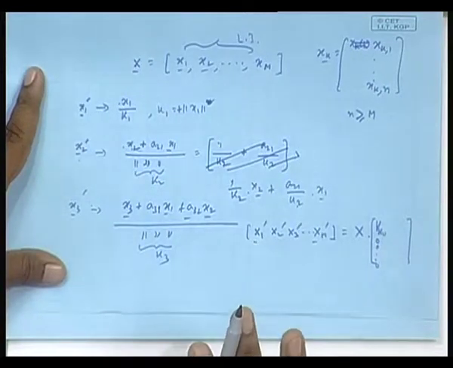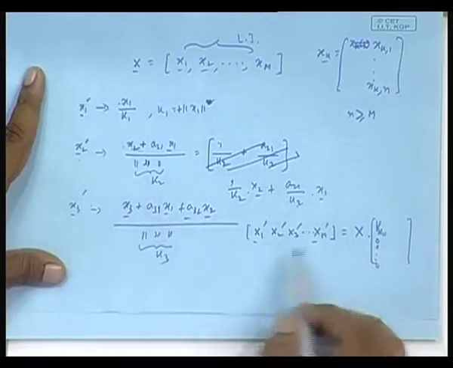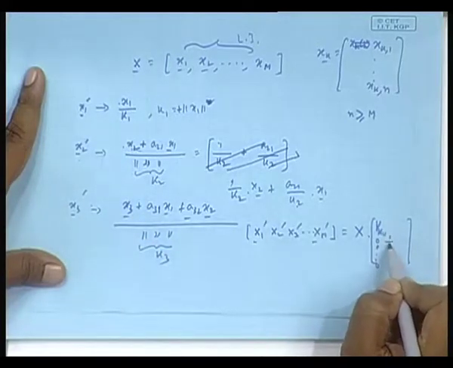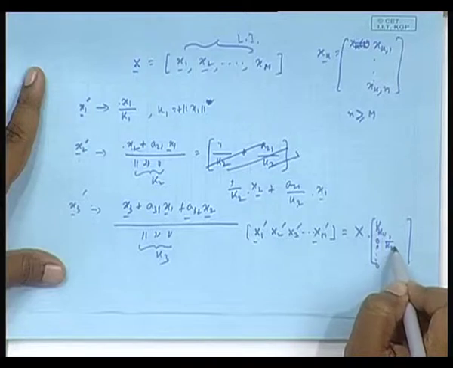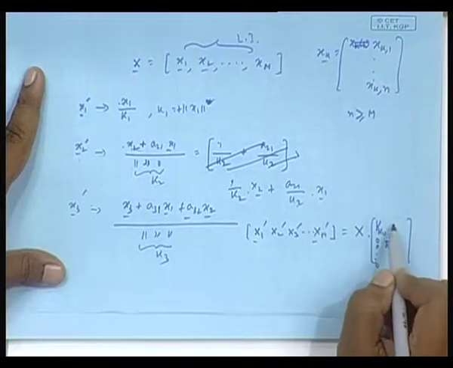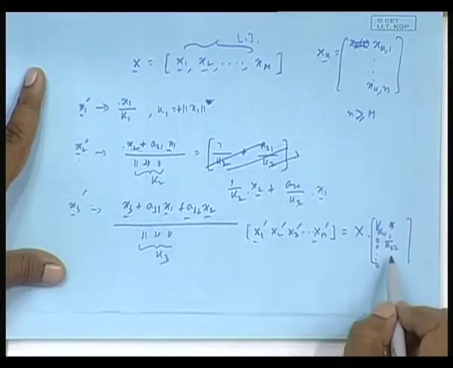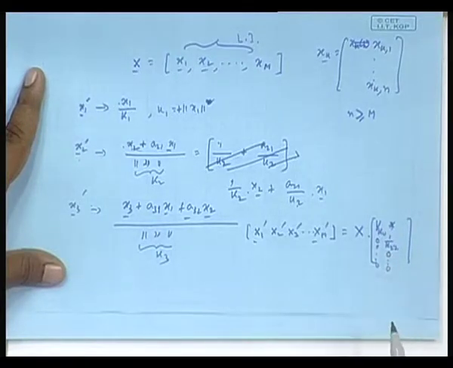Okay. Then x2 prime will be what? 1 by k2 2, right, and here something, I am not writing some star, but then 0, the essential thing is these zeros.